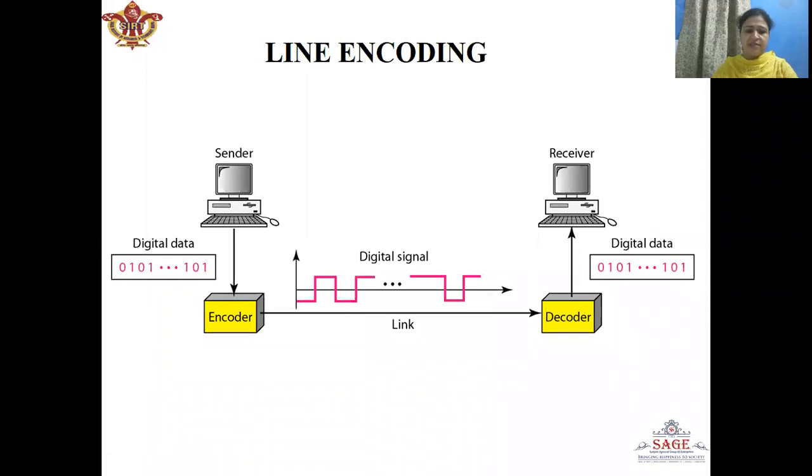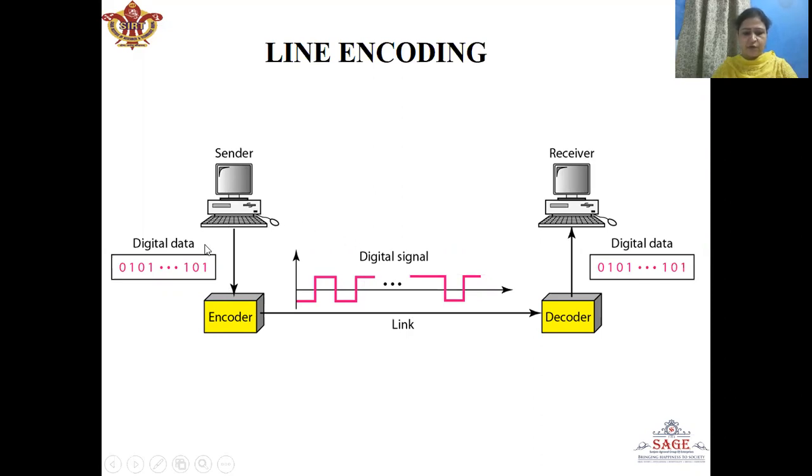Line encoding is digital to digital encoding or conversion, where there is a representation of digital information by a digital signal. When we transmit data from one computer to another computer, both the original data and the transmitted data are digital.